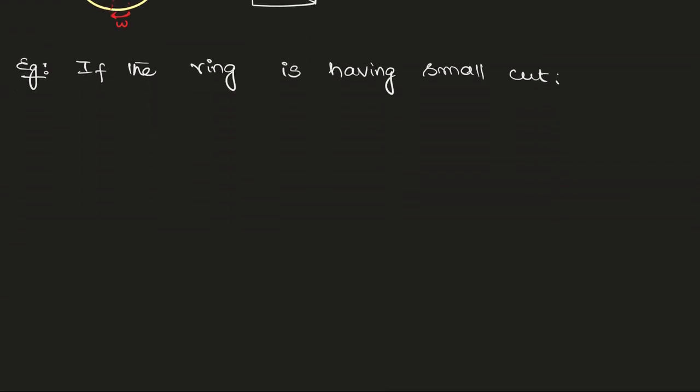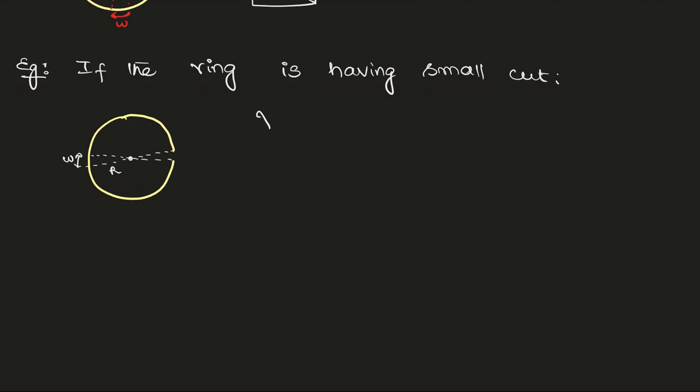So you are given a ring with a small gap. Now what is the electric field at the center? It will not be 0, because if we consider a small point exactly on the opposite side, due to this small element there will be some electric field at the center.